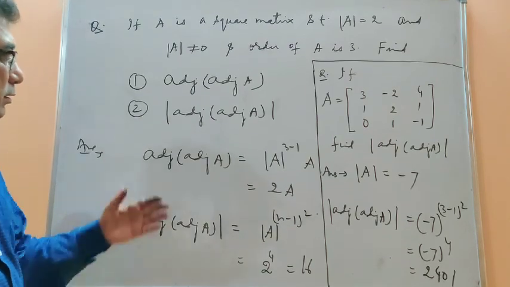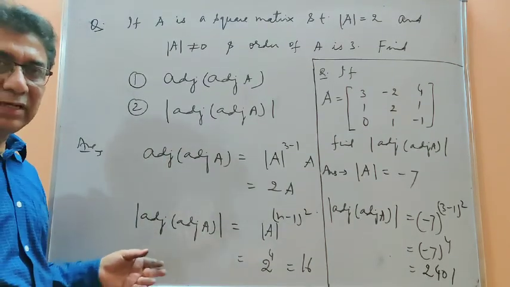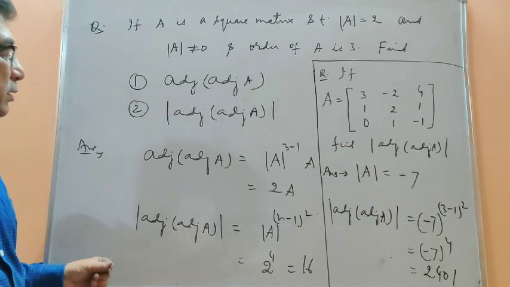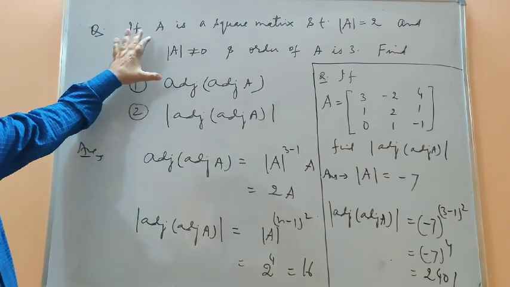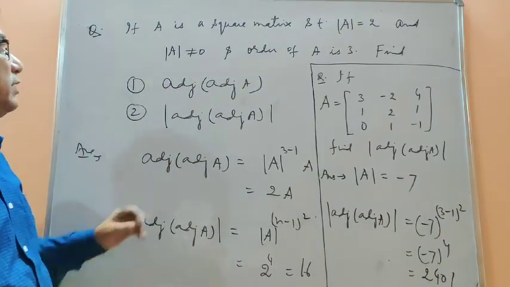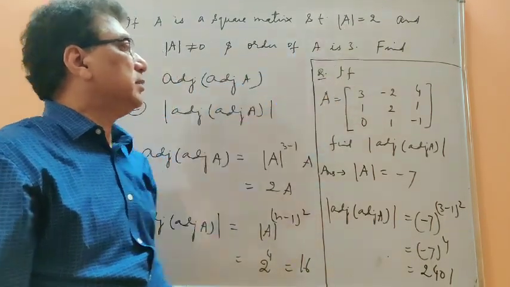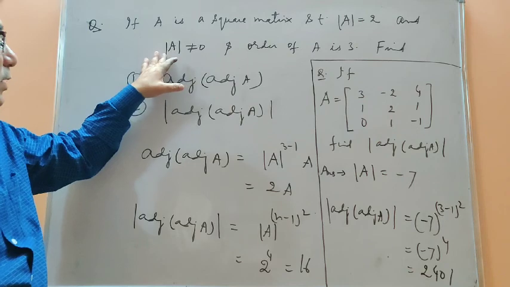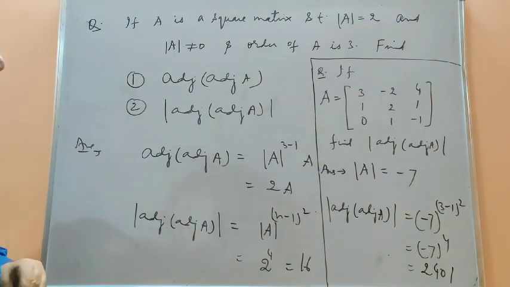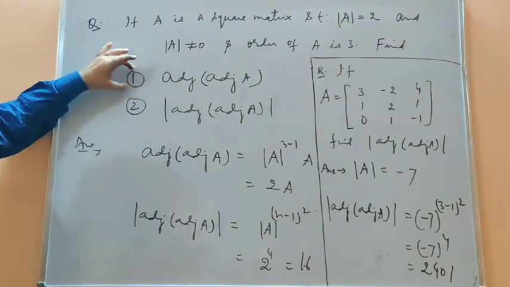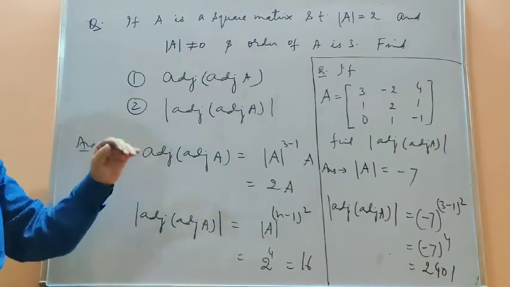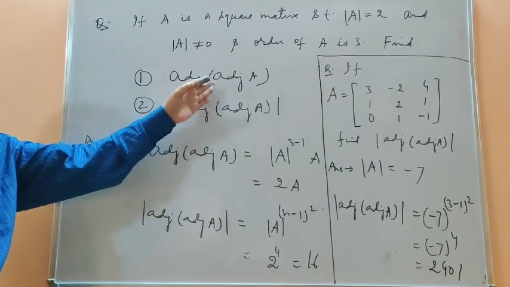Now I have taken just two questions here which have been asked in board examination and JEE Mains. The first one is, you are given a square matrix of order 3, and its determinant is 2, not equal to 0. Then you have to find adjoint of adjoint A and determinant of adjoint of this matrix.